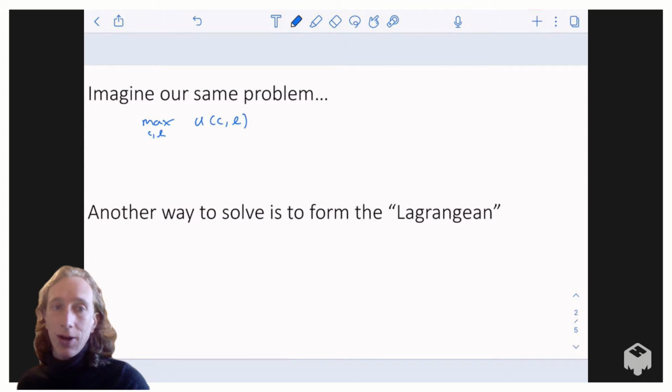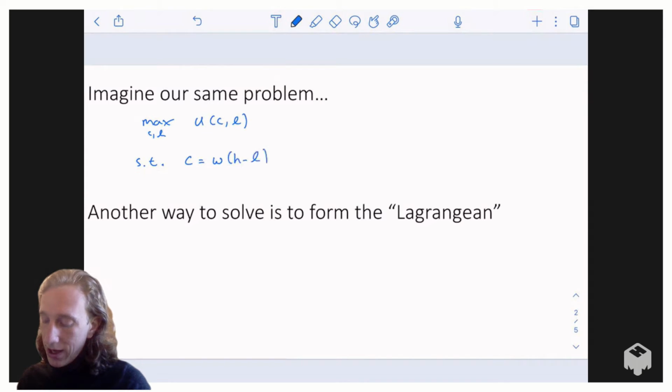Okay, those are the choice variables, C and L. And it's a constrained optimization problem because it's subject to a budget constraint. And we said that that budget constraint was just consumption is equal to, here we go, this is wage income plus profits minus taxes. Okay, so same problem we saw already.